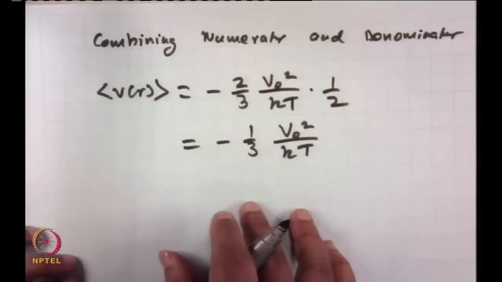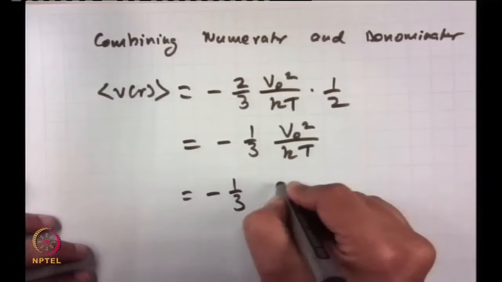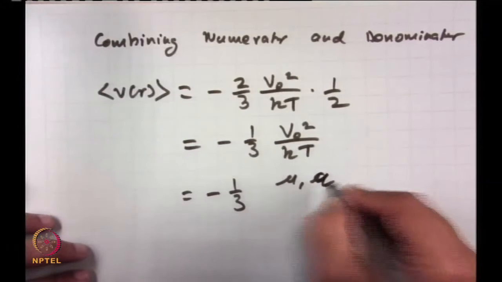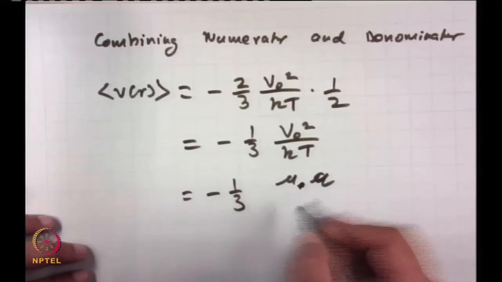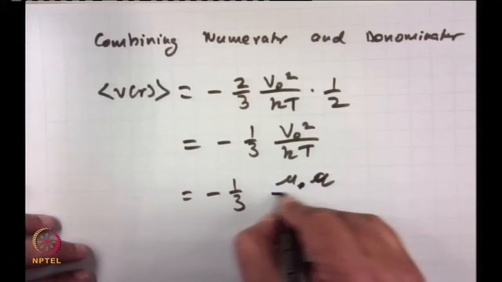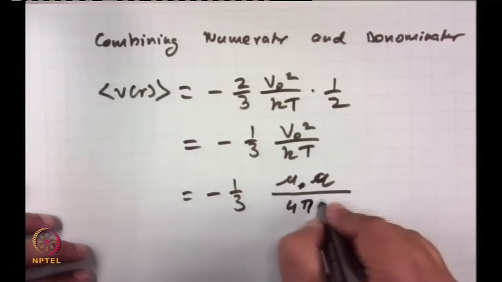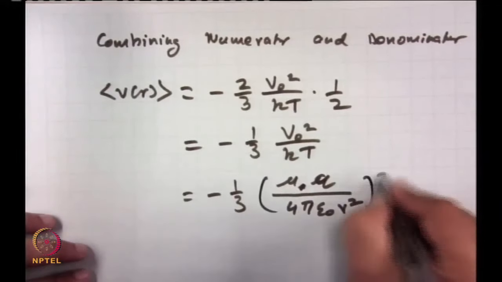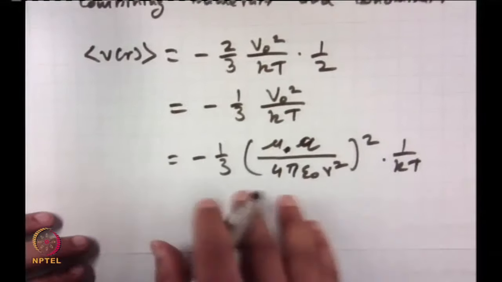Okay. What was V0 equal to? So, I can write minus 1 by 3, then I can write mu 1, this one was q, right, I can just write mu q, let us take out the subscript, then what did I have in the bottom? 4 pi epsilon0 r squared. So, this is essentially what? Whole squared over kT. I am just plugging in V0, right, you follow that.